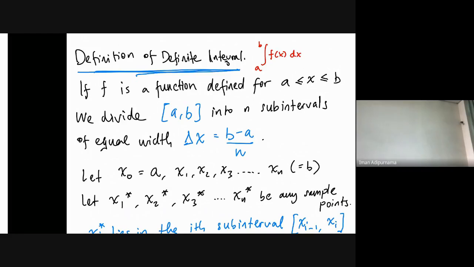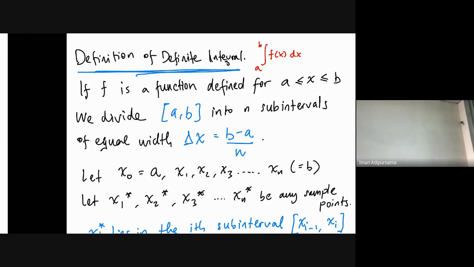If the function is defined from a to b, and we define the interval with boxes, we have delta x equal to b minus a over n.